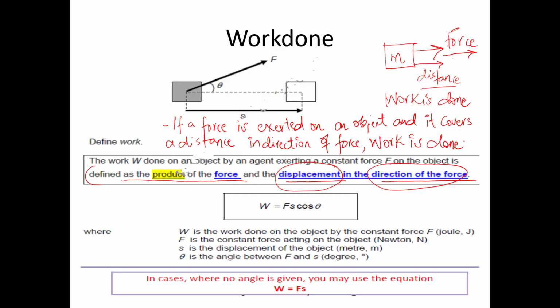And as per this statement, work is equal to force multiplied by distance in the direction of force. So this is the pretty basic formula for work done: work done equals force into distance.